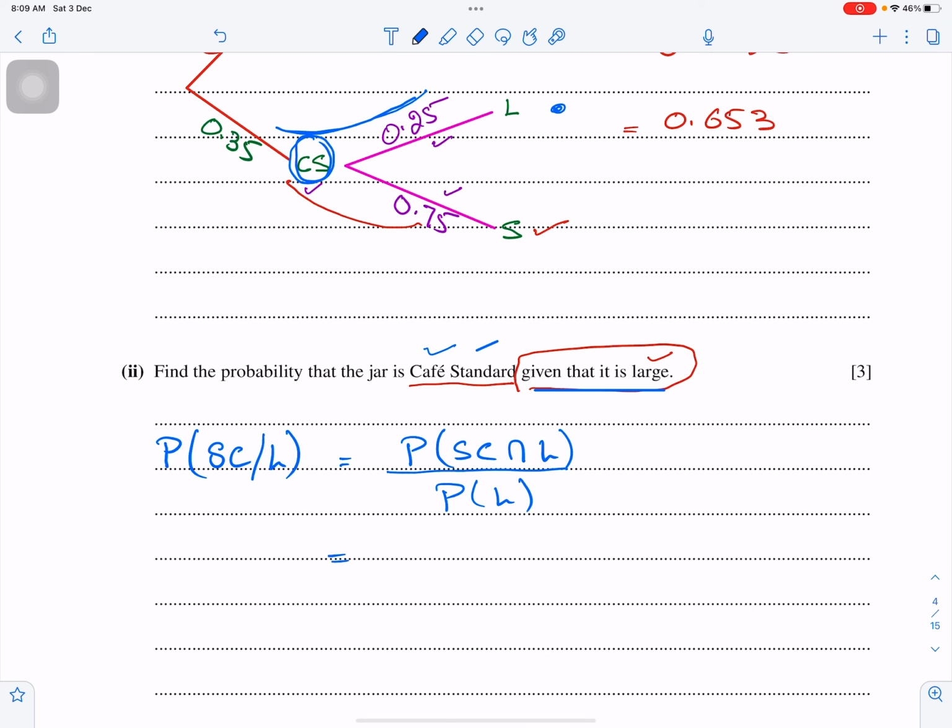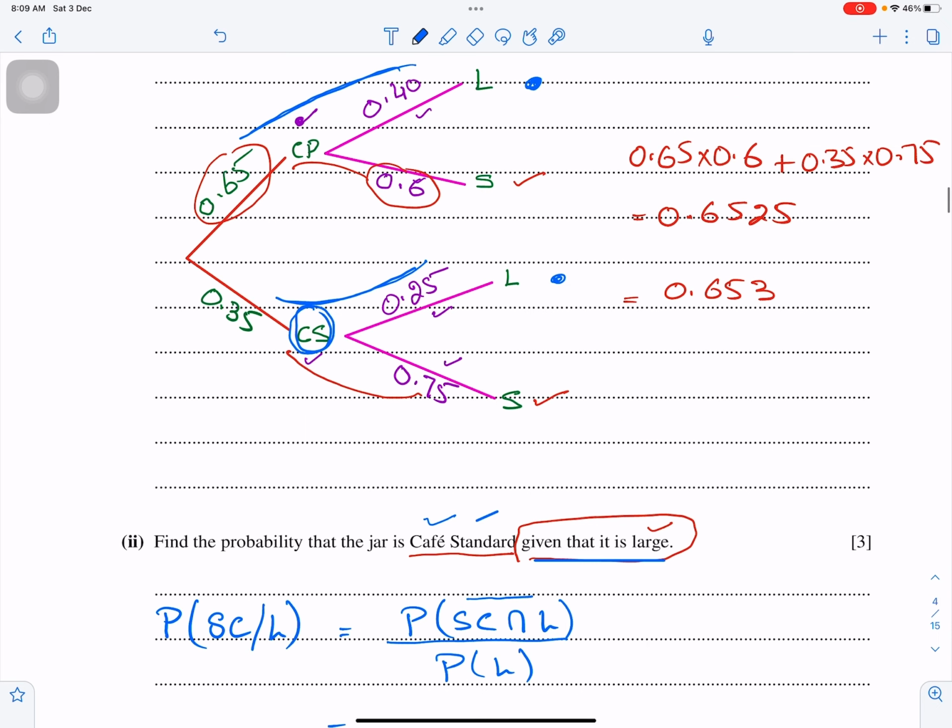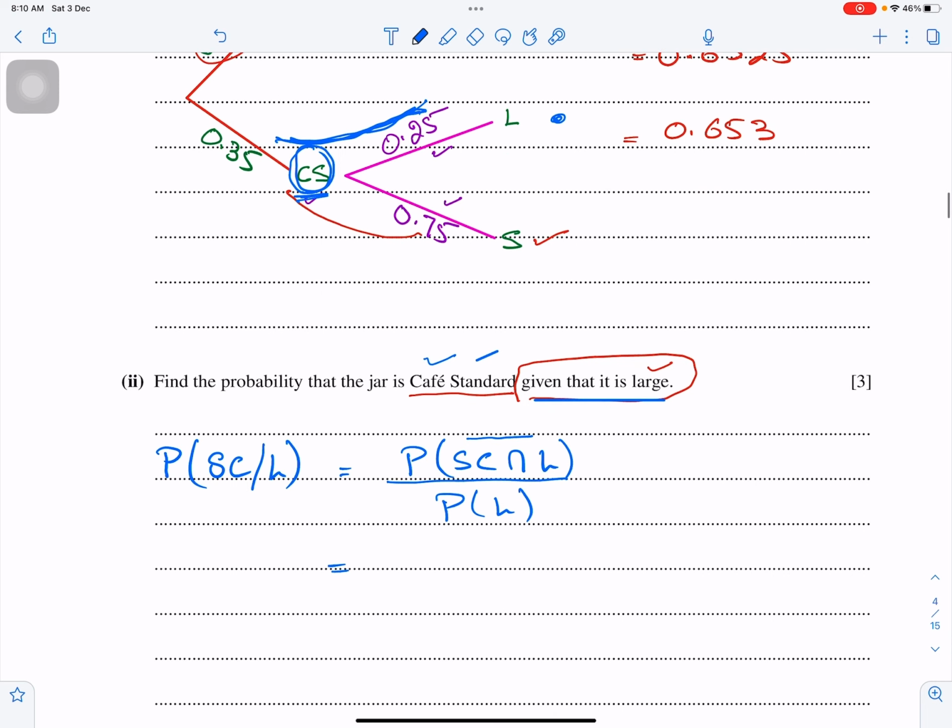Okay, so now Standard Cafe with large, it means I'm talking about this portion right now. Standard, sorry, I've written it opposite, but it's all right. So Cafe Standard with large, this is what I have to find out. So I will write 0.35 times 0.25. That is my numerator.